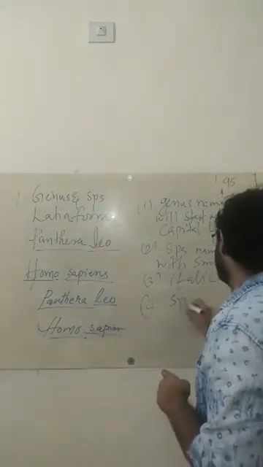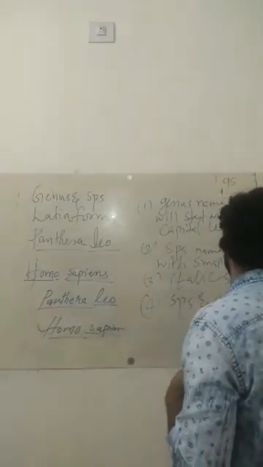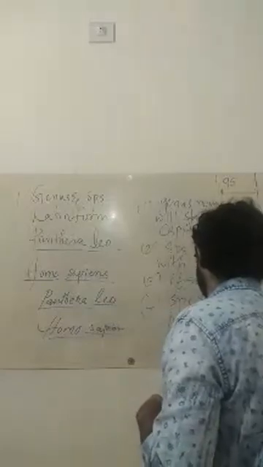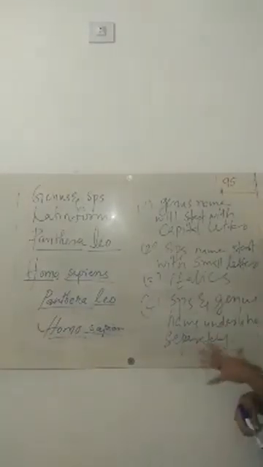So the conventions are: the genus name begins with a capital letter, the species name begins with a small letter, in print the scientific name is in italics, and when handwritten the genus and species names are underlined separately.